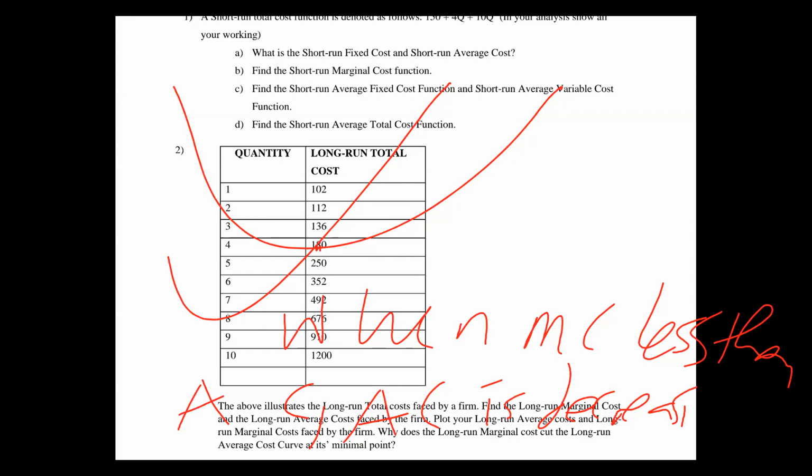The average cost decreases, but only up to a certain point. There will be a point beyond which the cost will start rising, and at that point we mean that the firm is experiencing diseconomies of scale.